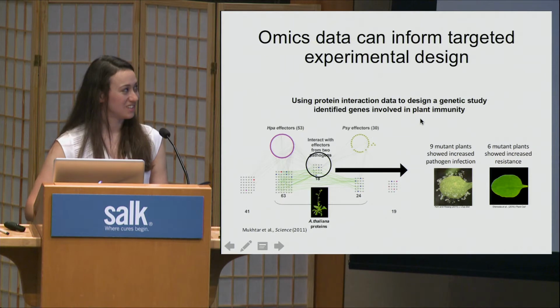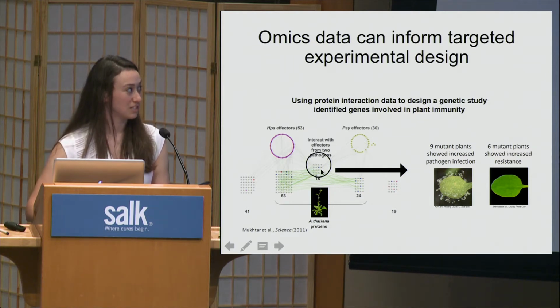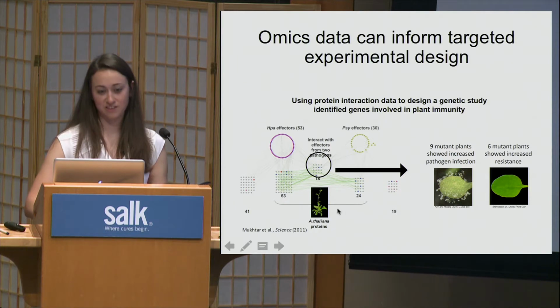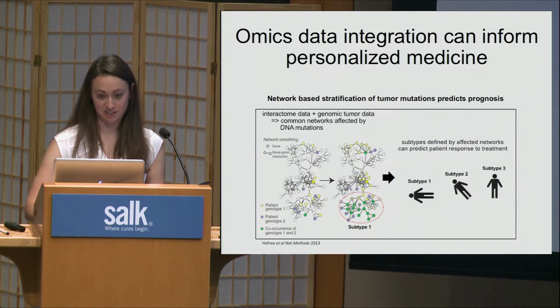So overall, they found that from this interaction screen, these proteins were actually involved in plant immunity, which wasn't known before. And so you can see how using protein interaction data like this can be pretty powerful in designing experiments for crop optimization.